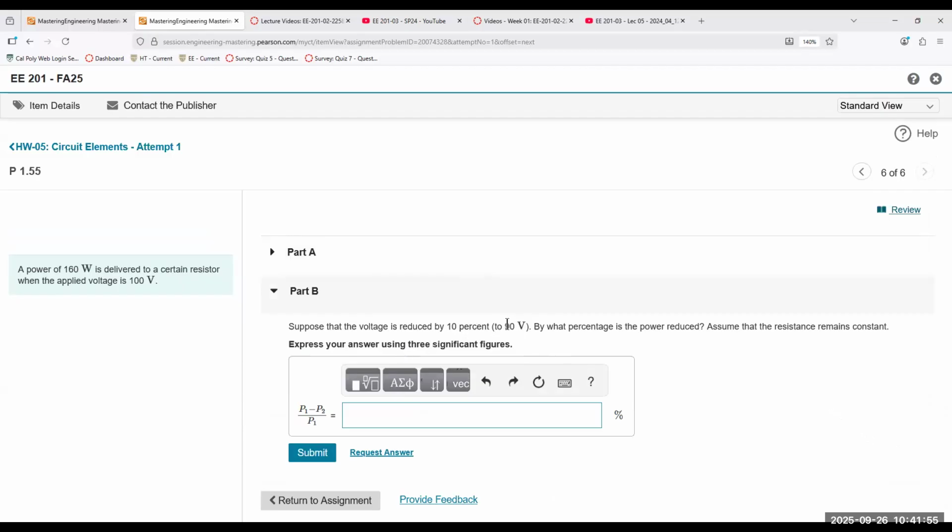But now we change the voltage from 100 to 90 and plug it back into the same equation to calculate the power P. So it would be 90 squared, 8100 divided by the resistance that we obtained in the first step. Did everybody get that? Uh-huh.